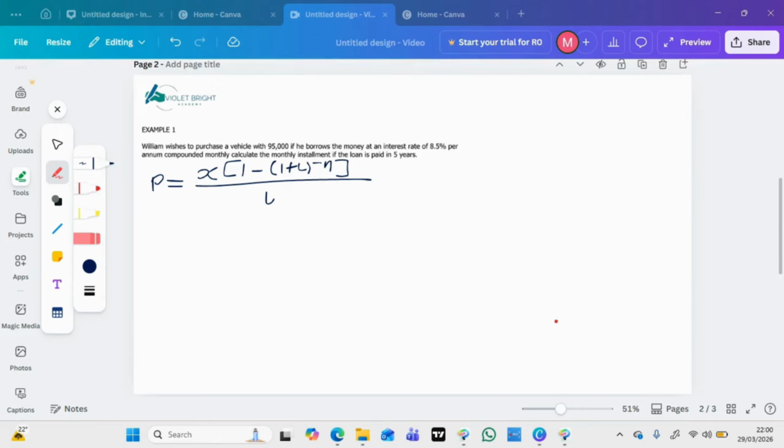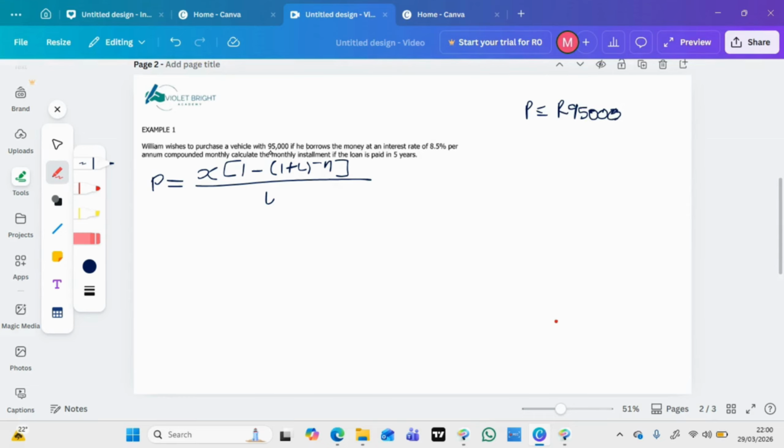Let's write down our data. We are given the present value, the amount of the loan, which is 95,000. If you are staying in another country like the USA, you can use the currency of your country.